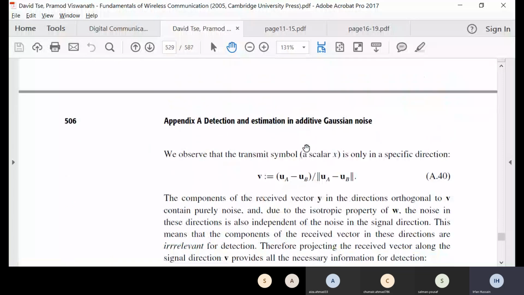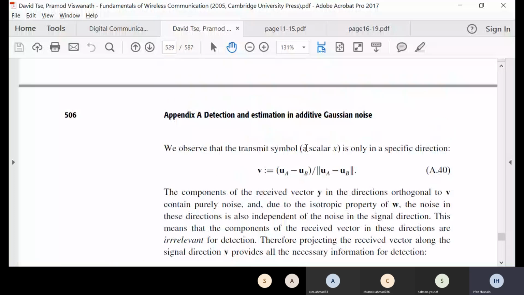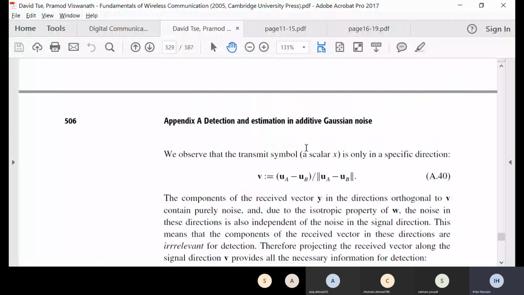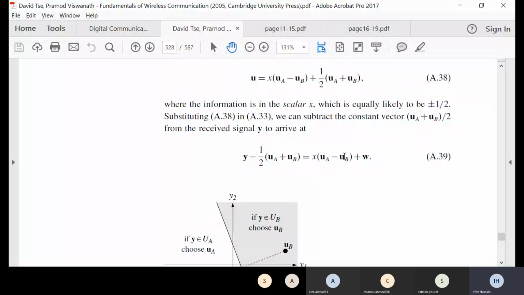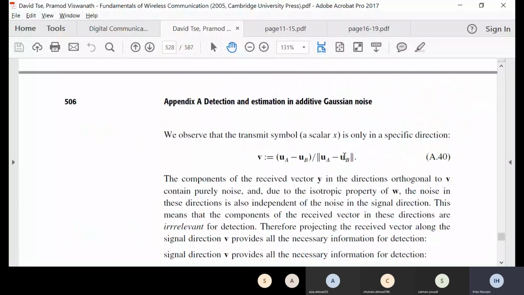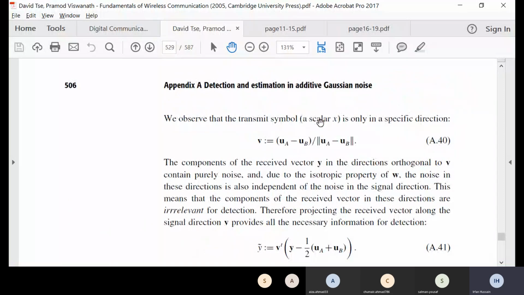Now here is a very important point. We define a vector, a unit vector, in the direction of UA minus UB. I call this vector V normalized. In other words, I take the vector and divide it by its magnitude, so this will be a normalized vector. Now the components of the received vector Y minus half of UA plus UB are equal to the sum of these two.